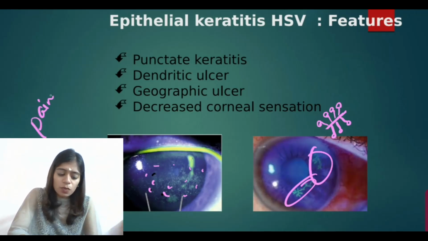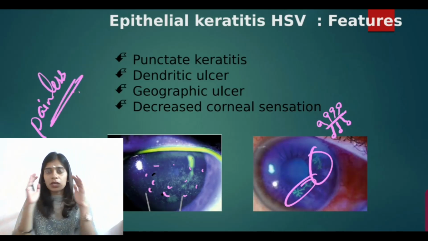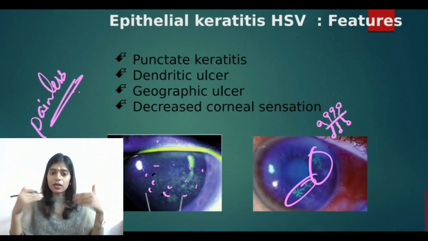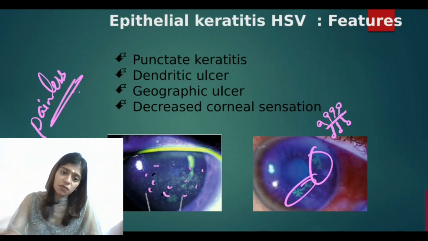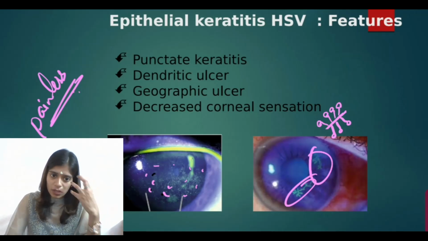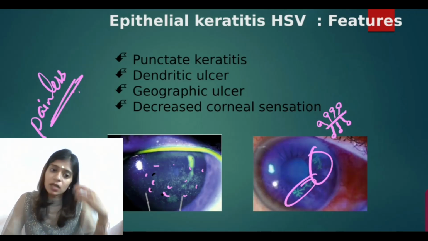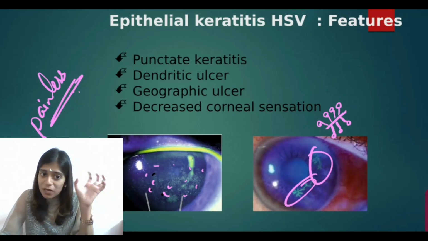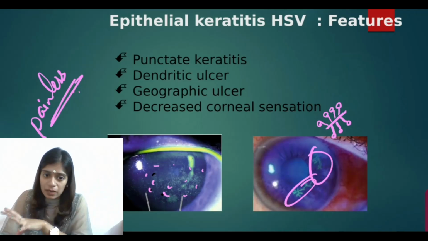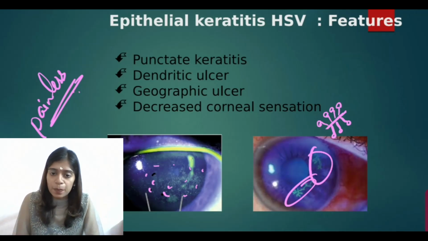No. Over time this becomes a painless ulcer, because as I said, it hides in the body and the patient keeps coming back with recurrent infection. Because of corneal nerve damage, the patient is not going to experience pain. So it will be a painless ulcer.